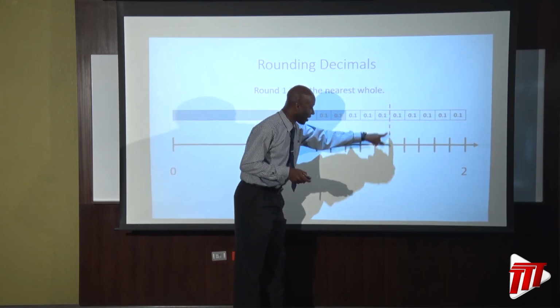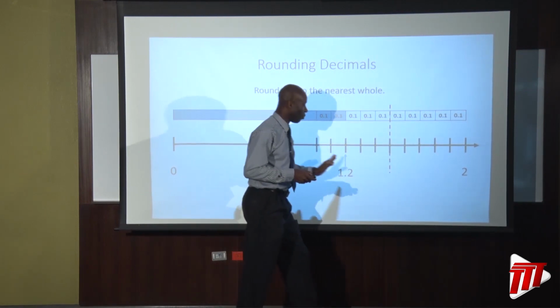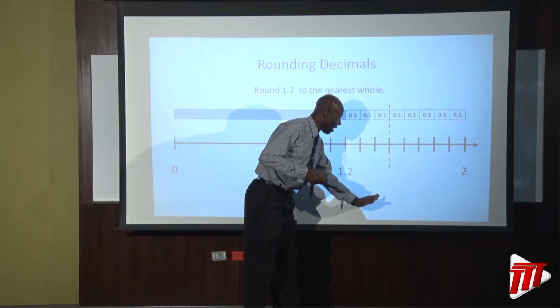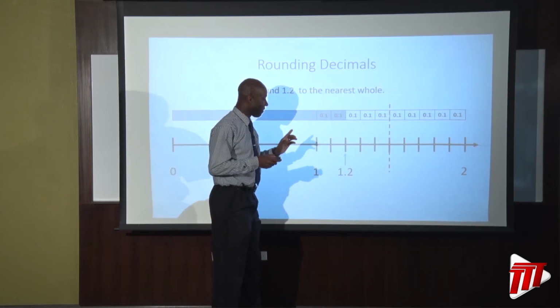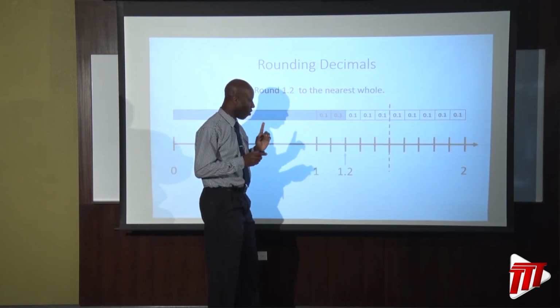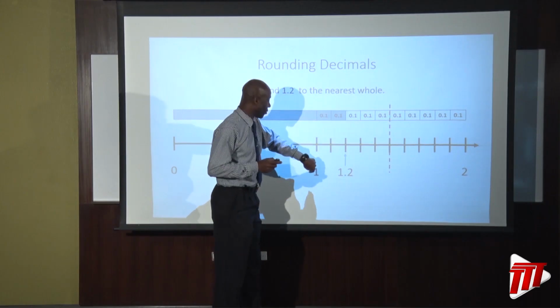So 1 5/10 is the halfway point between 1 and 2. This halfway point is important because if the numeral we are required to round off is located anywhere to the left of our halfway point, we are going to round down.